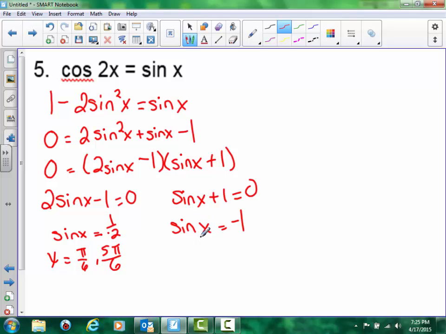And then -1 occurred at 3 pi over 2. Going back to my original, cosine versus sine, there's not any undefined spots, so x will be pi over 6, 5 pi over 6, and 3 pi over 2.